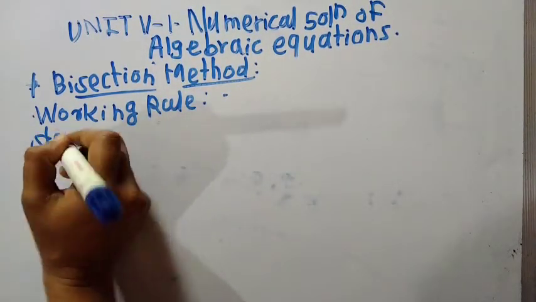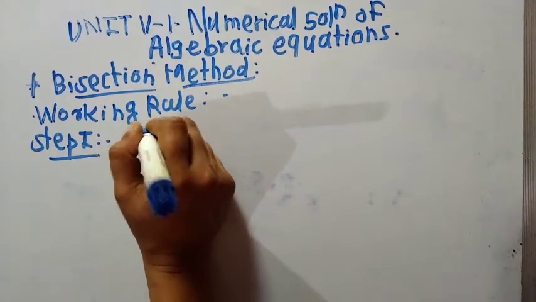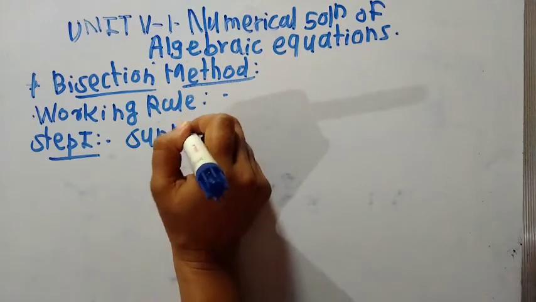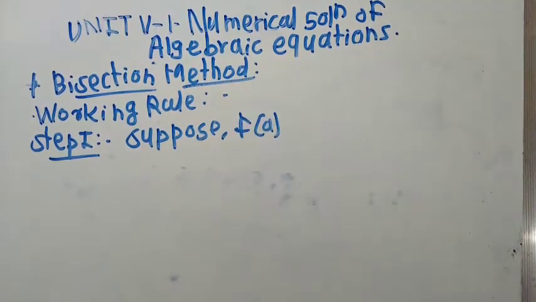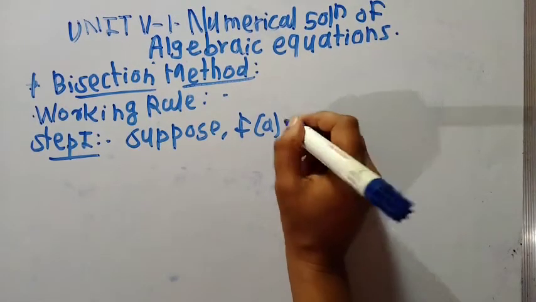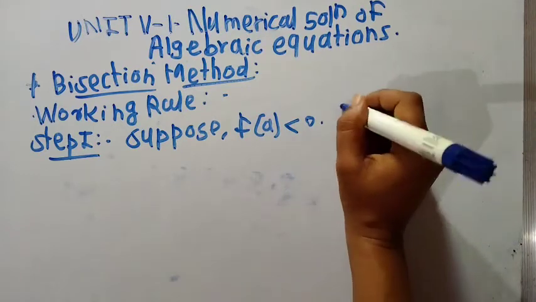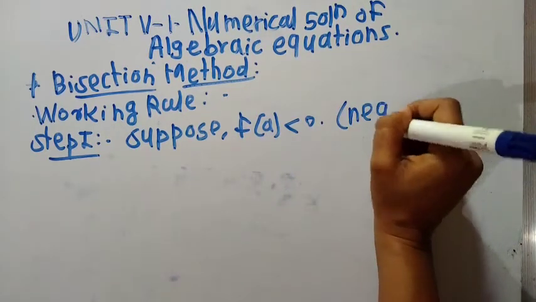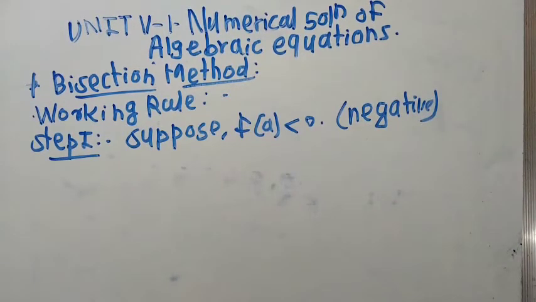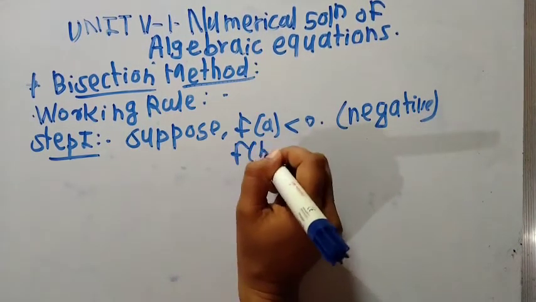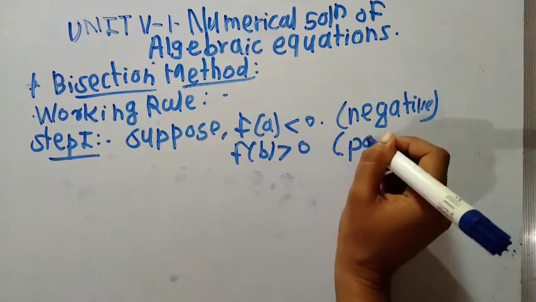So step first is, suppose f of a is less than 0, means it is negative, and f of b greater than 0 means it's positive.